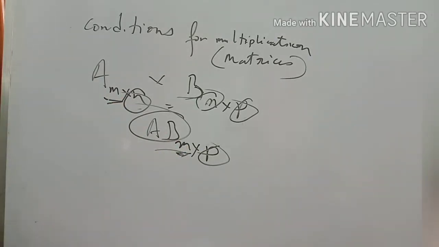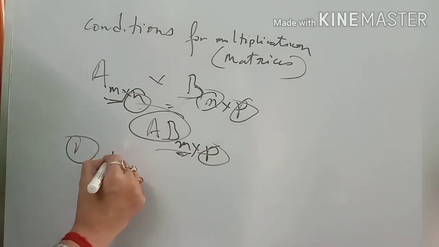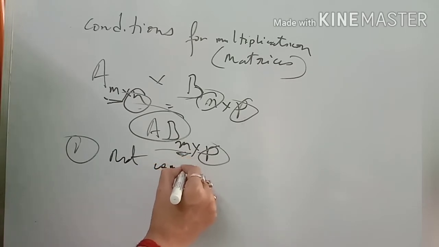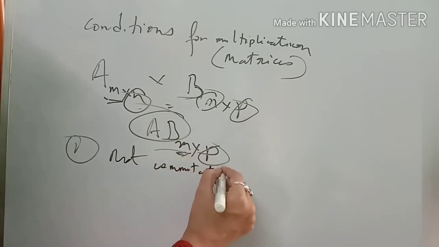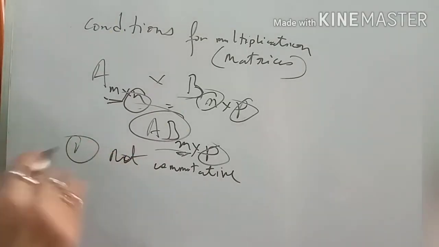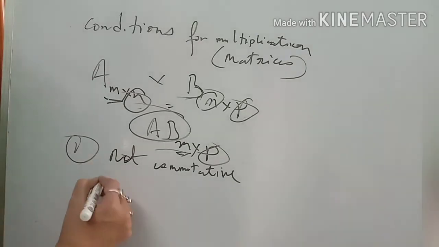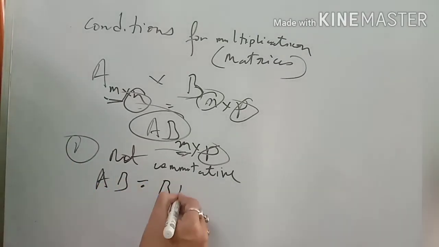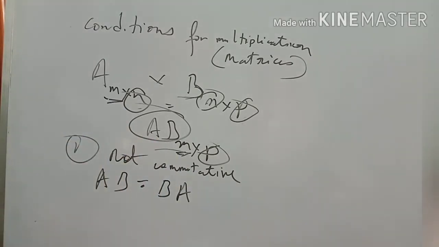The most important and vital thing is that this multiplication is not at all commutative. What do you mean by commutative? Do you remember, guys? What is commutative? No? Don't remember? Okay, fine. Commutative means A into B equals B into A. It is not commutative, so they are not equal.